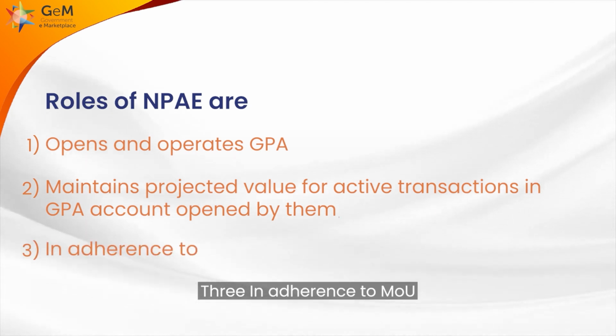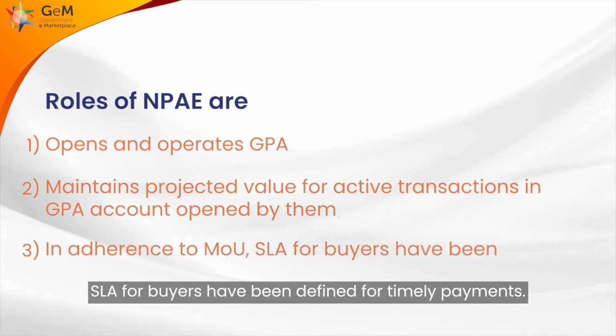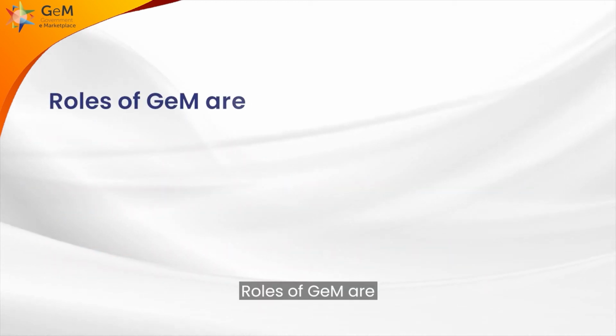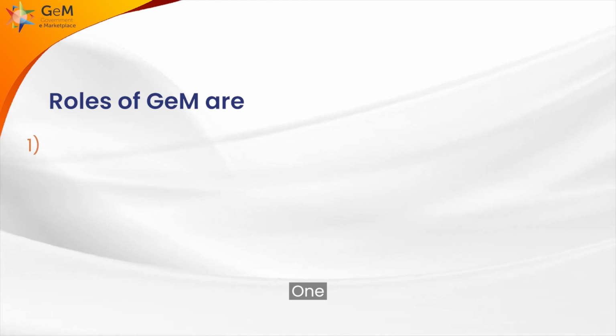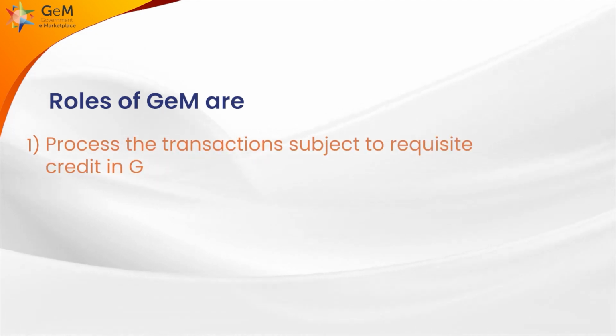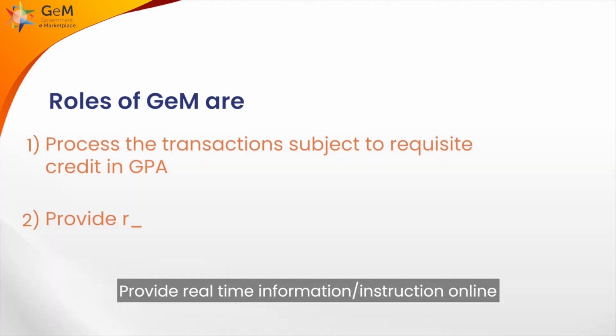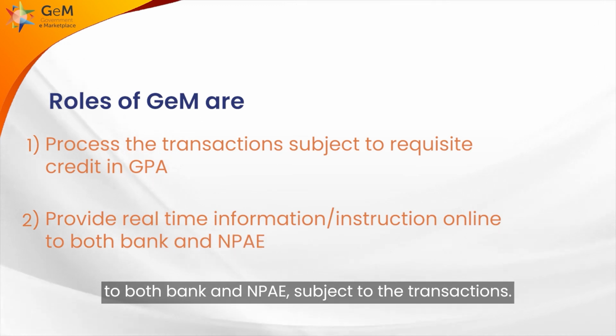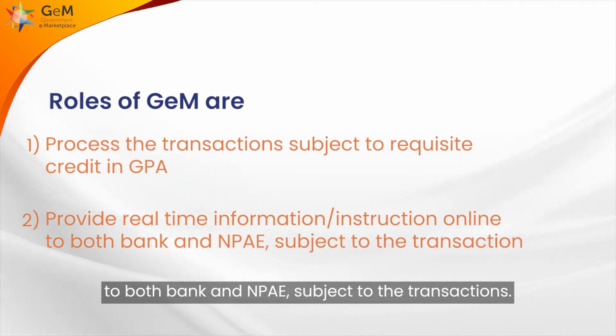In adherence to the MOU, SLAs for buyers have been defined for timely payments. Roles of GEM are: 1. Process transactions subject to requisite credit in GPA. 2. Provide real-time information or instruction online to both bank and NPAE, subject to the transactions.